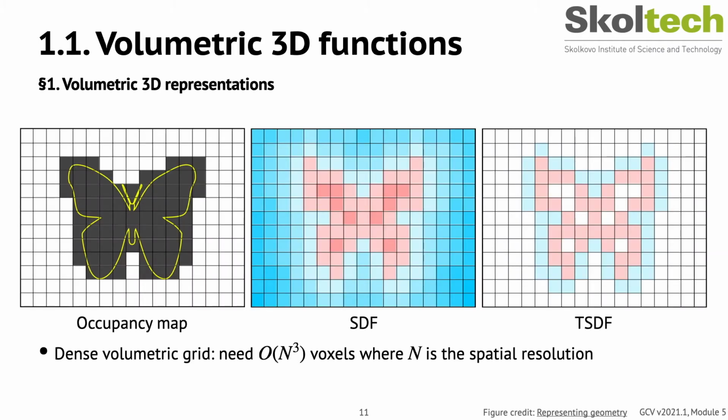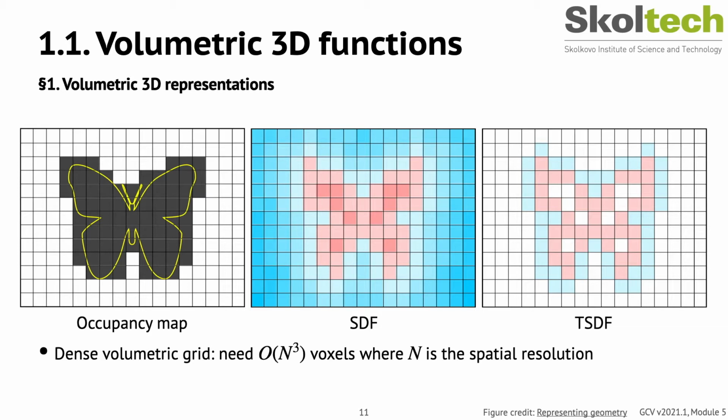Of these representations, of course, the simplest is the dense volumetric grid, which needs a cubic number of voxels, where n is the spatial resolution. It is very much similar to raster images in photography.